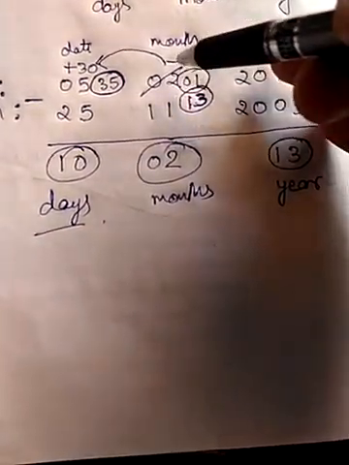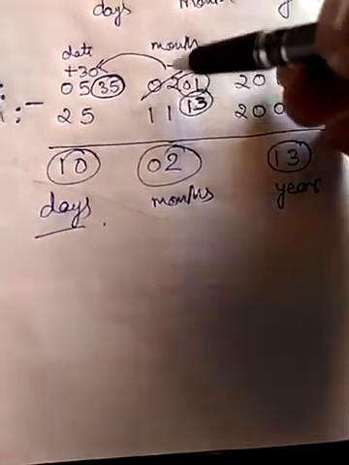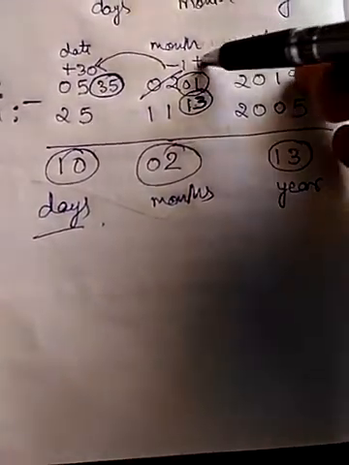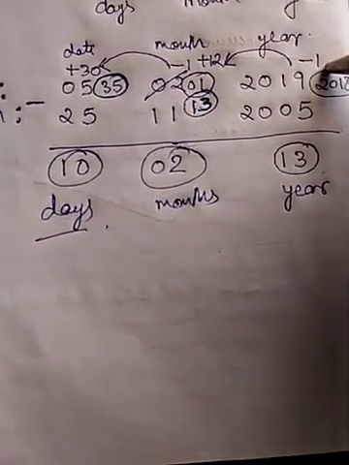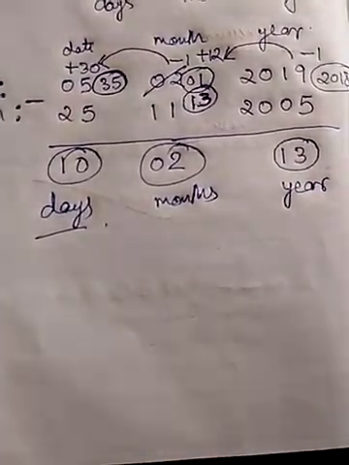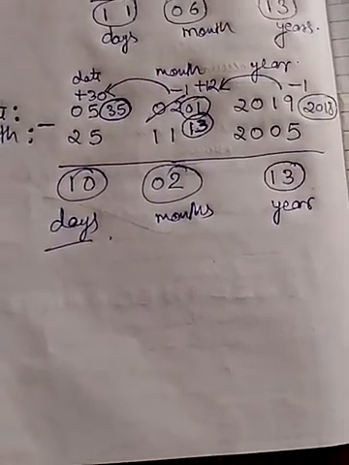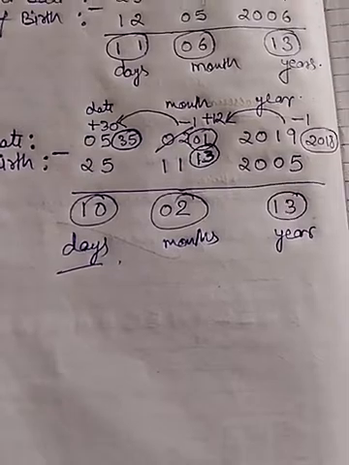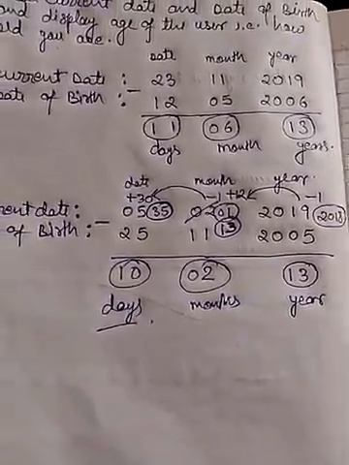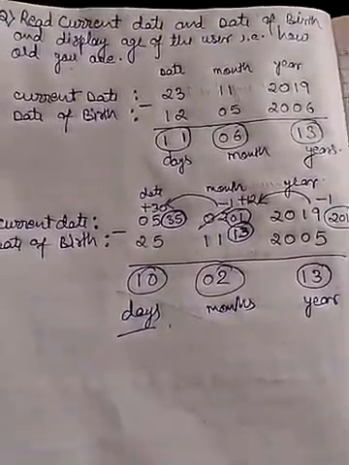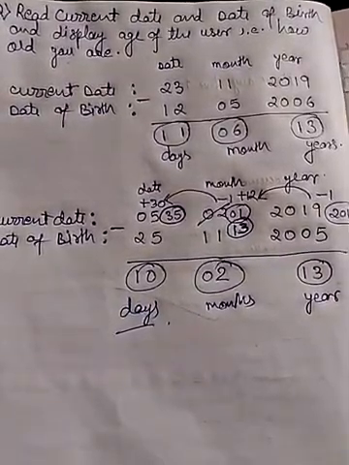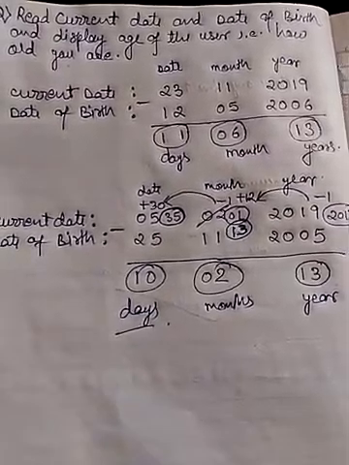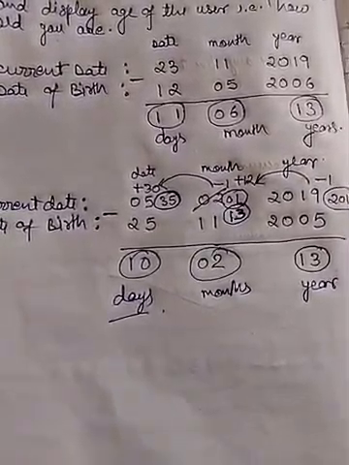In the same way, if current month is smaller than the birth month, then borrow 12 months from the year and subtract the year with minus 1. And after that you can easily do the subtraction of date of birth and the current date. So this is the main logic behind finding the age of the person by subtracting date of birth from the current date. Now let us write a program for this.